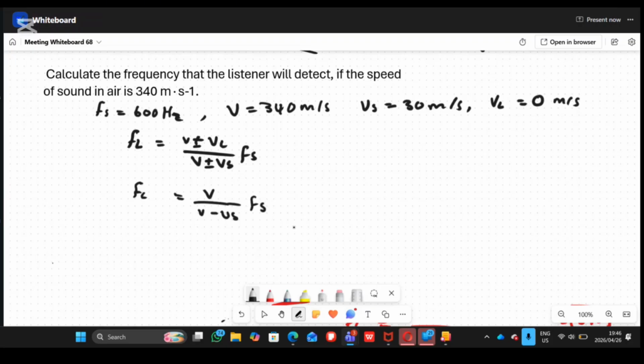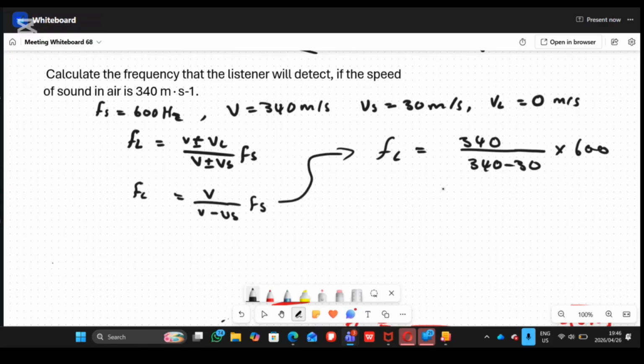This is towards the stationary observer. Then from there, we're just going to make substitutions. Nothing much here from this point. If you understand the adjustment, then you just go straight and say 340 over (340 minus 30), and then multiply by 600. Then you get the answer.